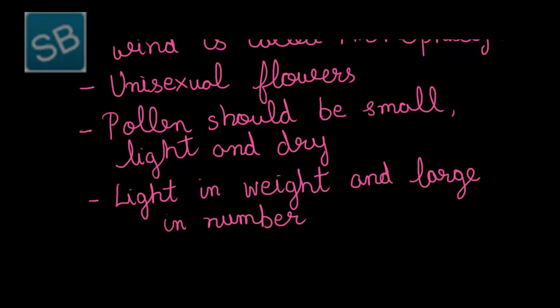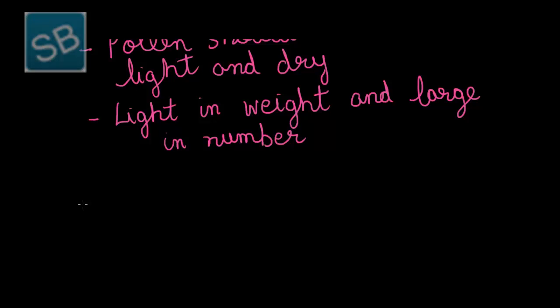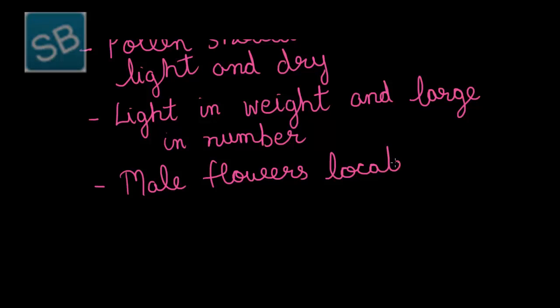The plants which pollinate with the help of such pollinating agents consist of male flowers located above, while the female flowers of such plants occur below.